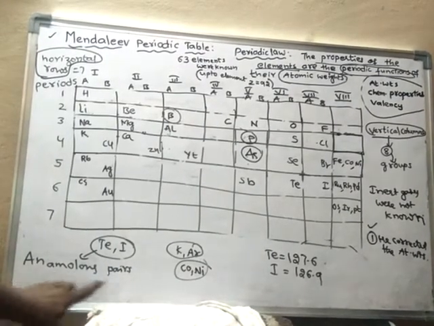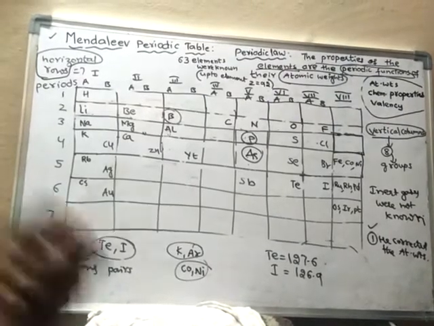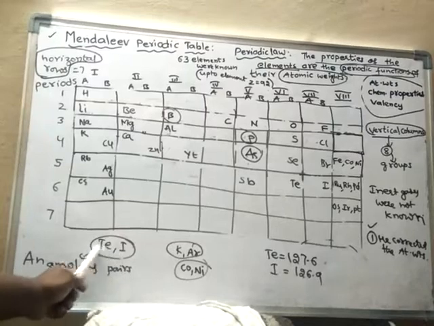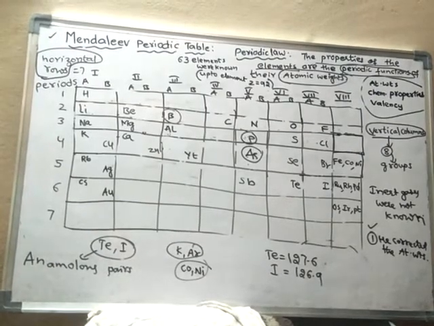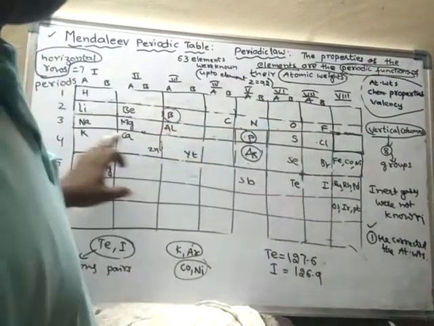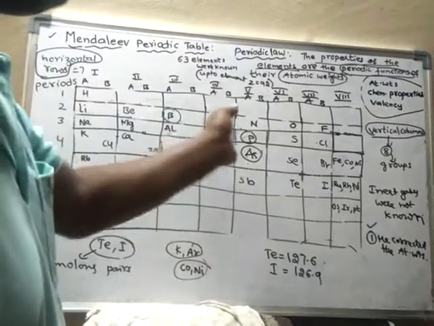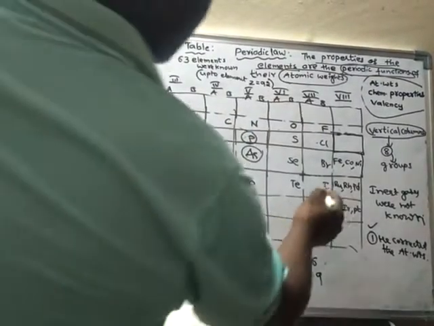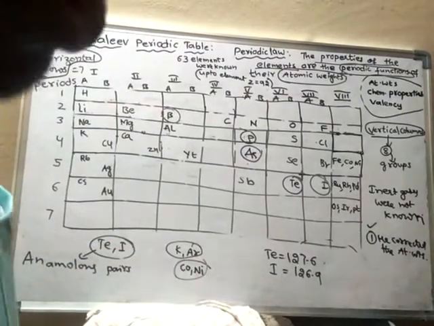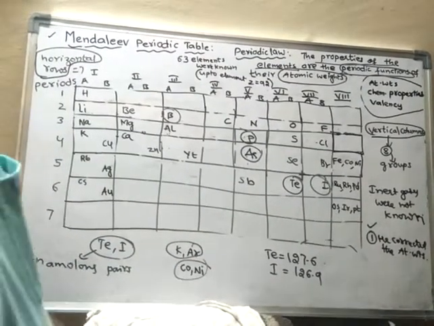What is the meaning of anomalous pair? Anomalous pair means different arrangement. A pair of elements which are arranged differently is said to be an anomalous pair. Because all the other elements were arranged according to increasing order of atomic masses. But here, these two elements are arranged in the reverse order of their atomic masses.